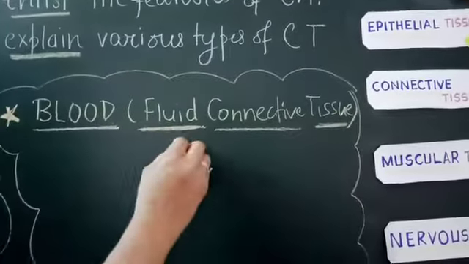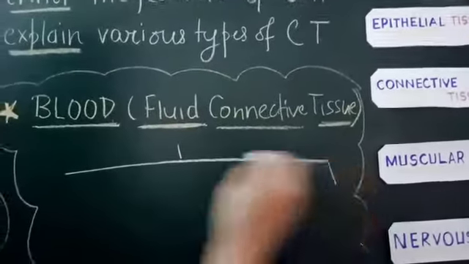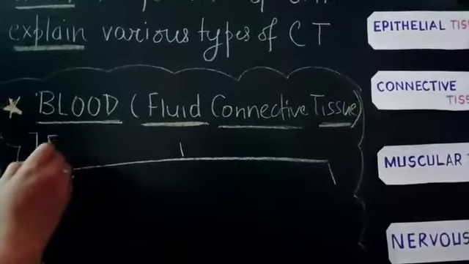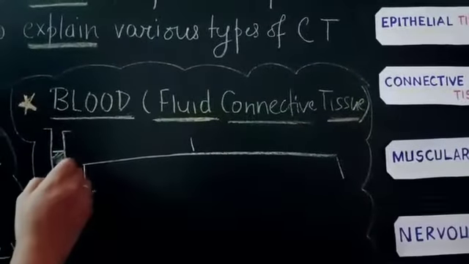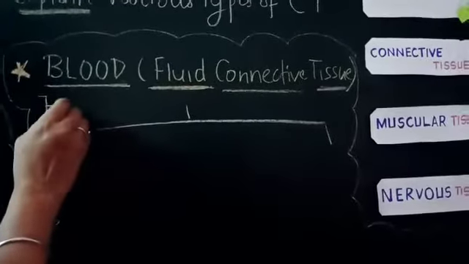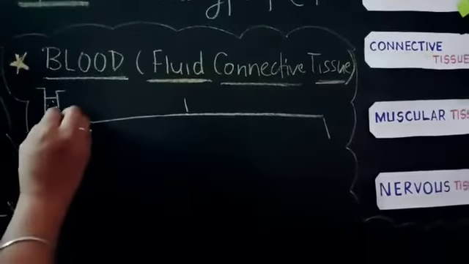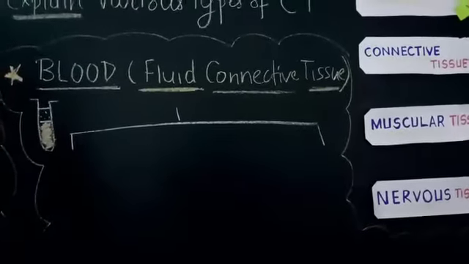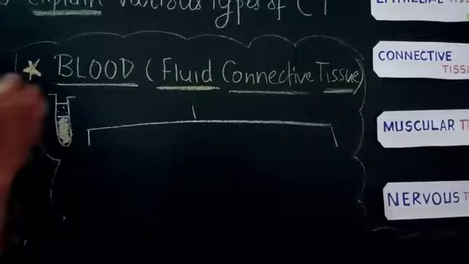It consists of 2 parts. Whenever we take a sample of blood in a test tube and then centrifuge it at a very high rate, then we get 2 columns from this centrifugation. One column is red in color and the other is yellow in color.